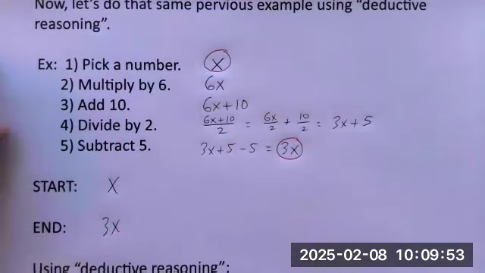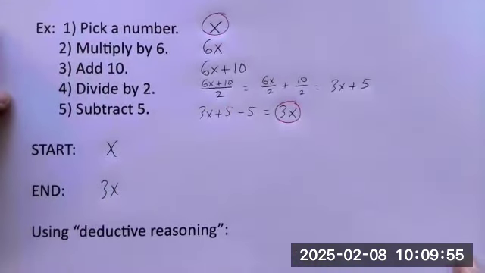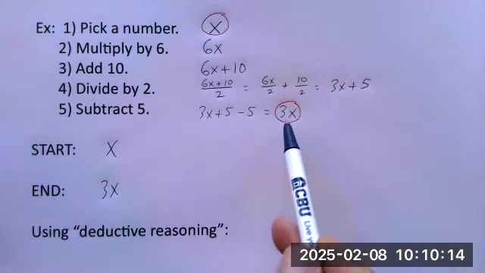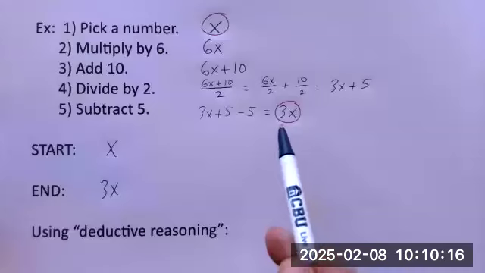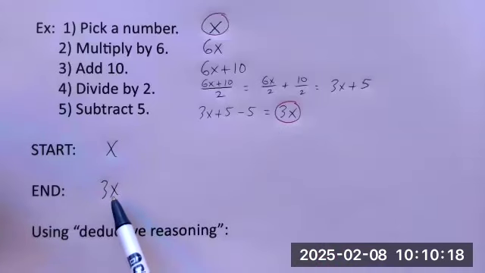Because x could represent any number, right? X could represent 4 or 7 or 10 or 12 or 100 or 900 or negative 60 or 3/4 or 5.7. X can be anything. And it looks like algebraically, in fact, we proved algebraically that we'll always end up with 3 times what we started with.